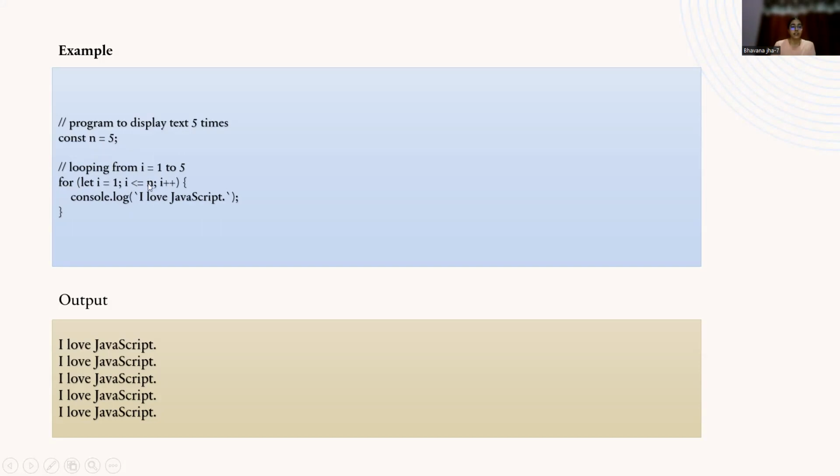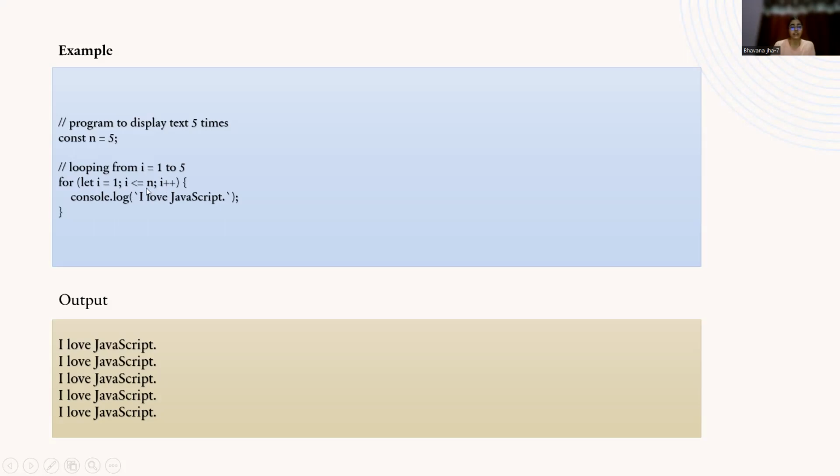So is 1 less than or equal to 5? Yes, it is true. Then it comes into the body, so the first statement gets executed: I love JavaScript. Then it goes back to the loop and the increment is applied. Now the i value is incremented by 1, so 1 becomes 2.